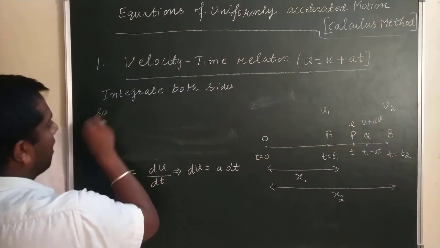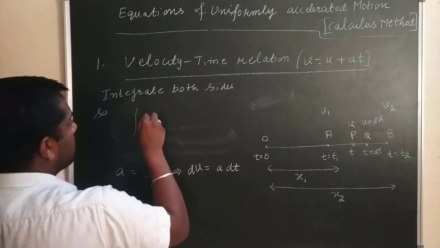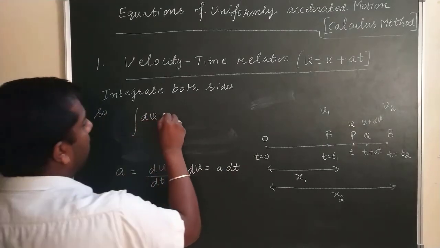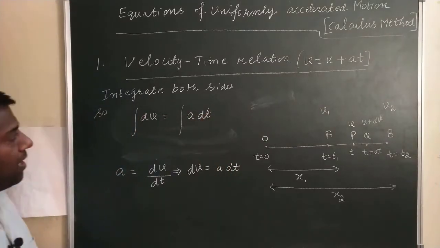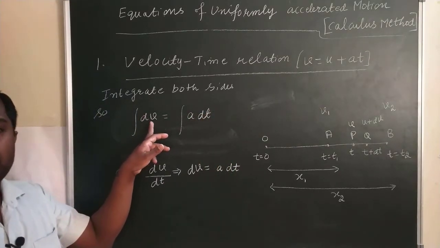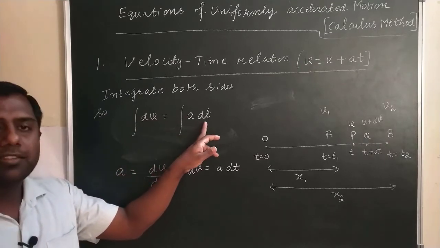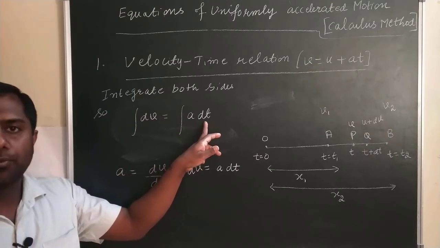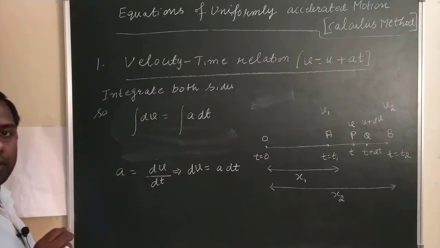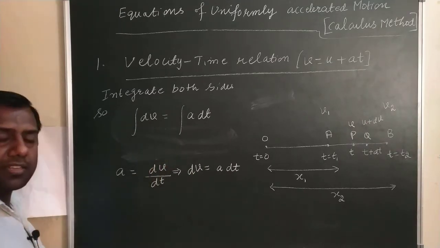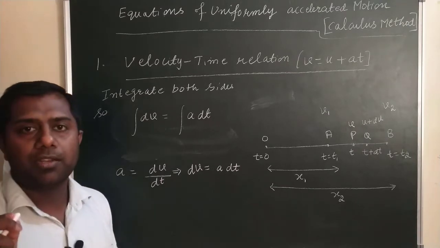Left hand side is the integration of dv and the right hand side is the integration of a dt. Clear? Left hand side we are integrating with respect to velocity and the right hand side with respect to time. So now we will put the limits for the velocity on the left hand side, and for the right hand side we will put the limits for the time.